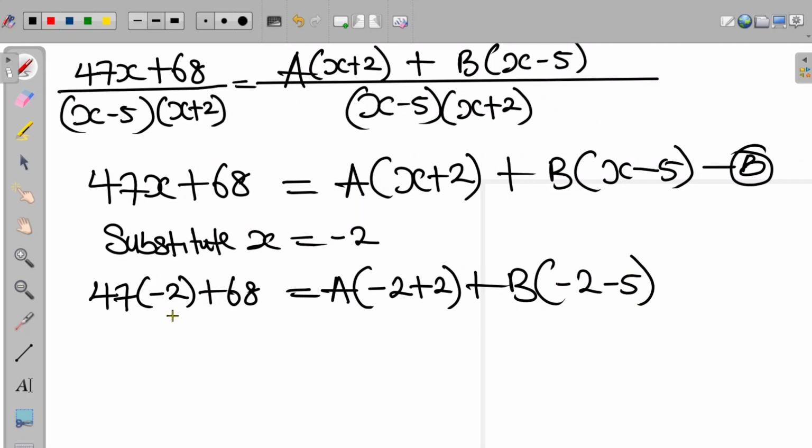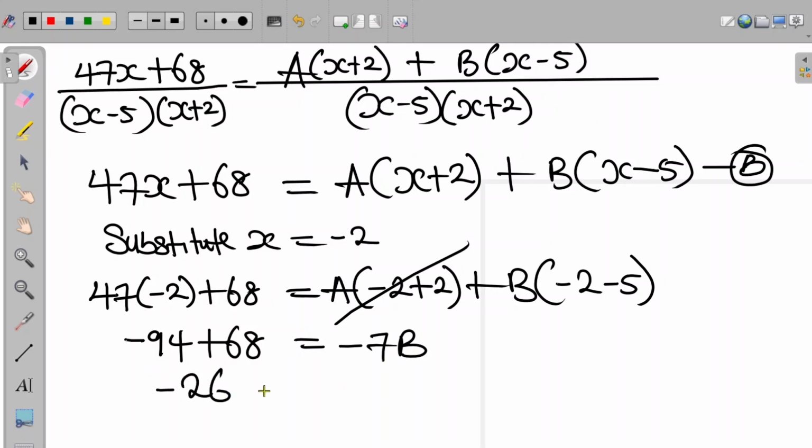So 47 times -2 is -94, plus 68, equal to -2 plus 2 is 0, and 0 times a is 0, so this will be eliminated. -2 minus 5 is -7, and -7 times b is -7b. -94 plus 68 is giving us -26, and here we have -7b.